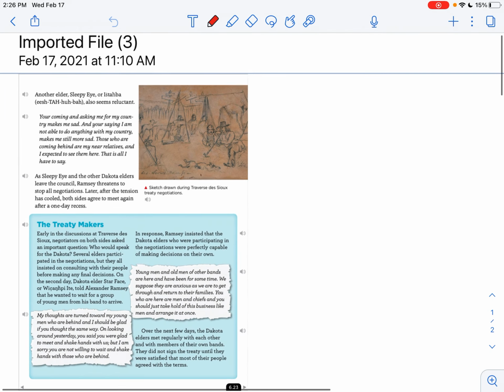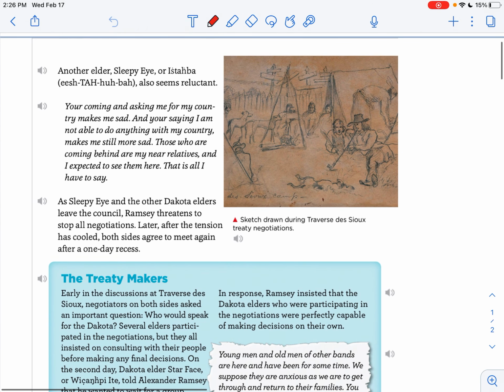Another elder by the name of Sleepy Eye also seems reluctant. Reluctant means he doesn't want to do it. These are his words. Your coming and asking me for my country makes me sad. And your saying I am not able to do anything with my country makes me still more sad.